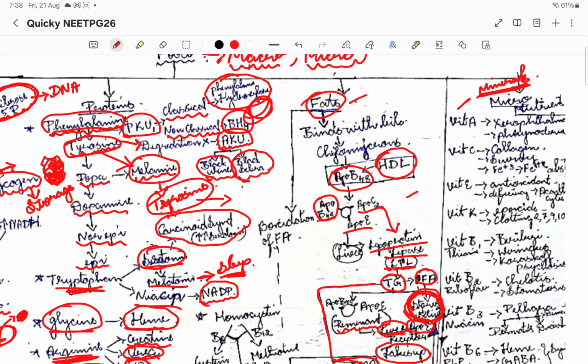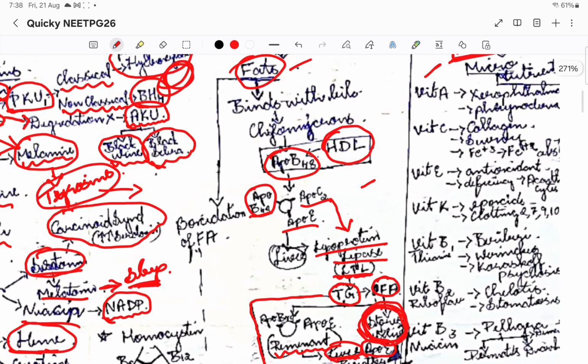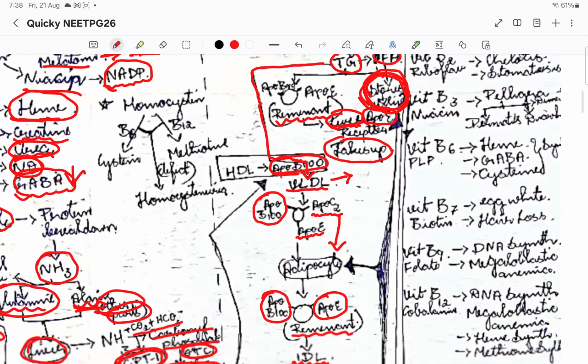We will discuss these further when we go on to those chapters. Now let us discuss the micronutrient that is very important, that is vitamins. Vitamins are nothing but enzymes given a certain name called vitamins.